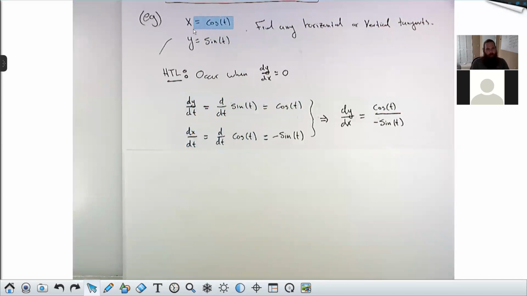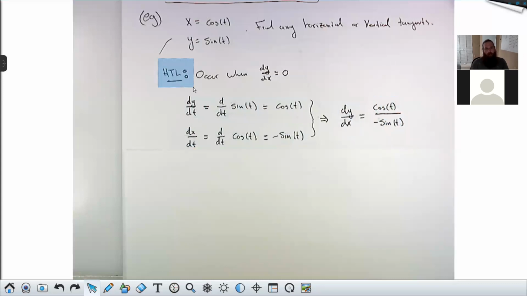The x function is cosine. So dx dt is d/dt of cos t, which is negative sine t. So dx dt is negative sine t. Dy dt is cos t, which means dy dx, the derivative I'm looking for, is dy dt over dx dt, cos t over negative sine t.